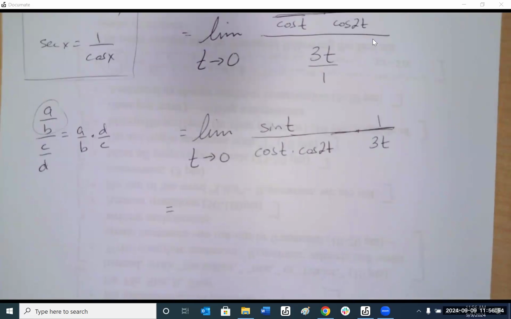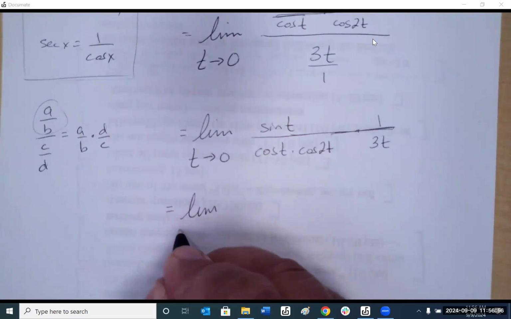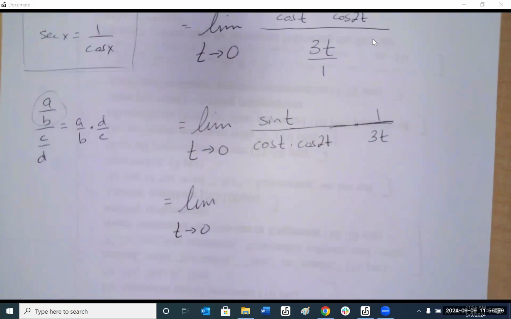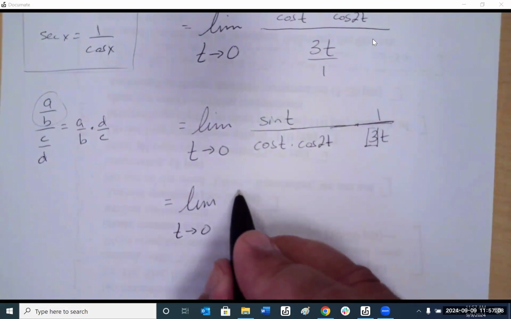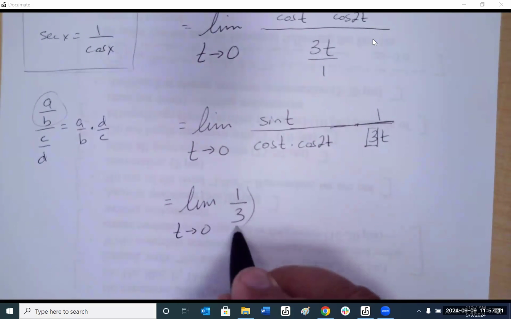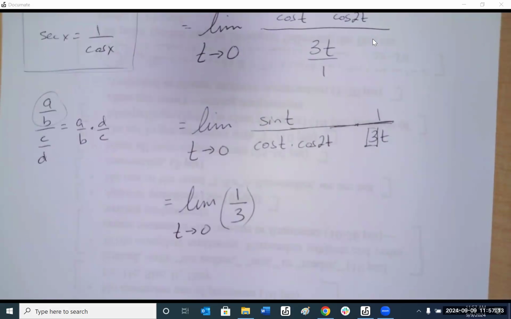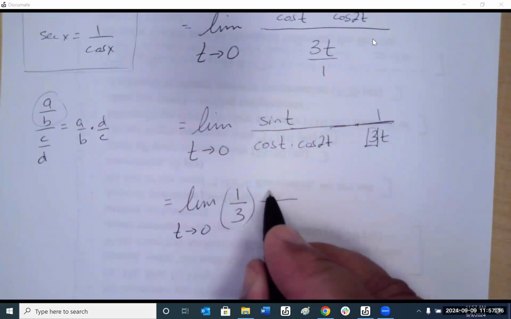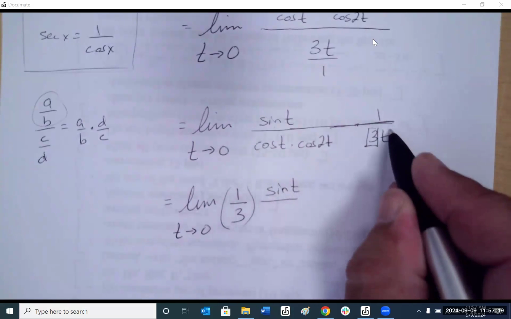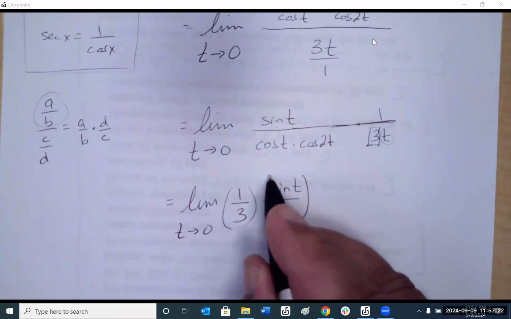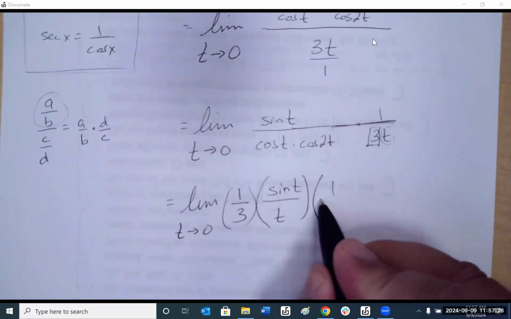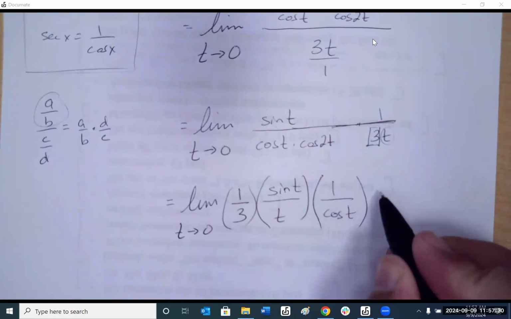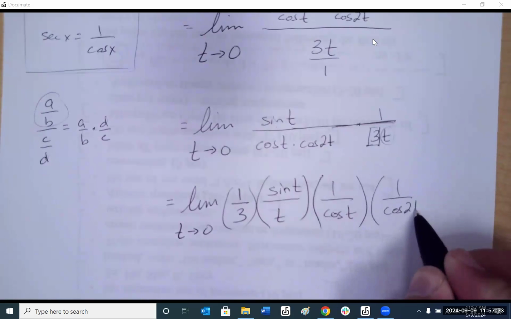We actually have 4 parts here. This constant, I could put it out in front, so it's 1 over 3. This sine t, I could pair it up with t, because of commutativity and associativity, I could put them up there however I want to. This is 1 over cosine t, and 1 over cosine 2t.